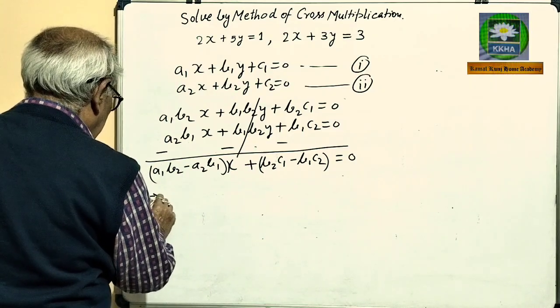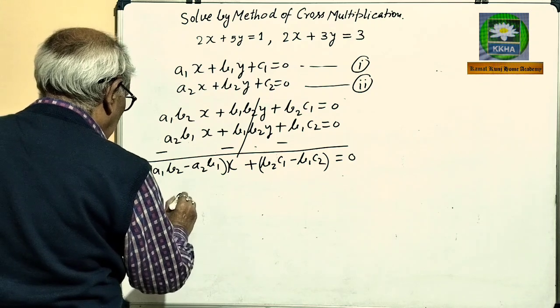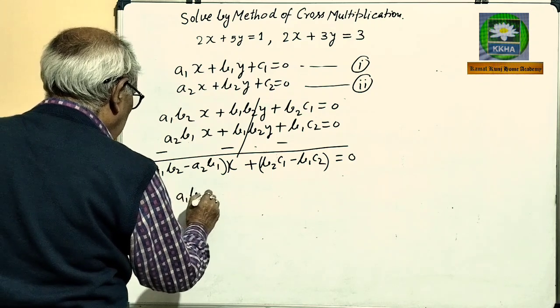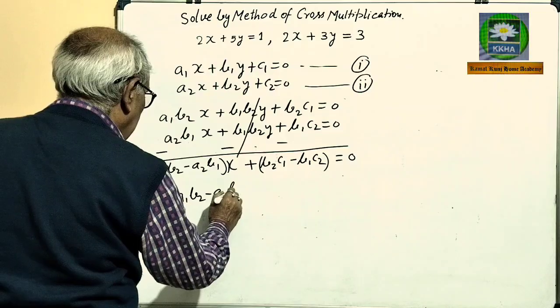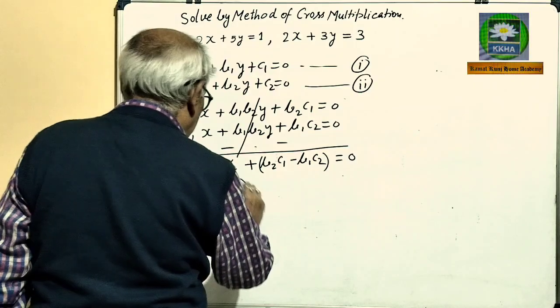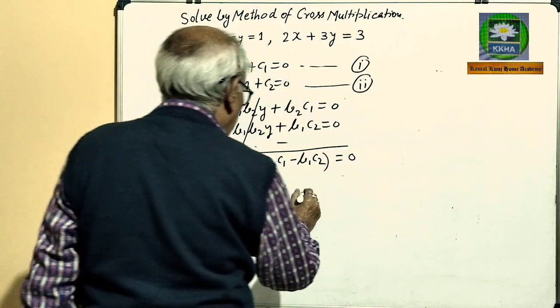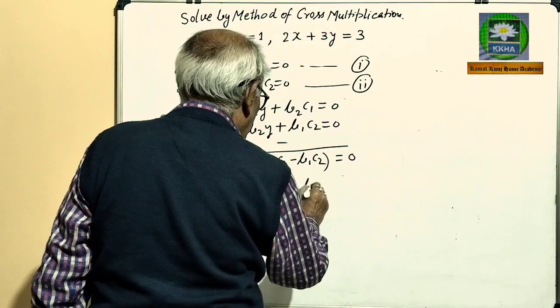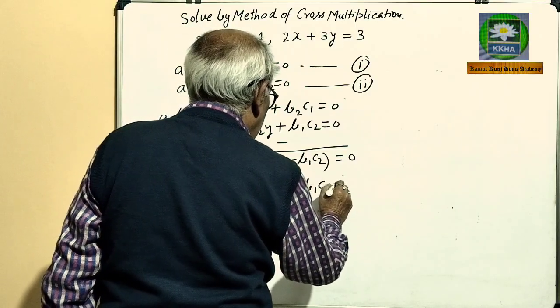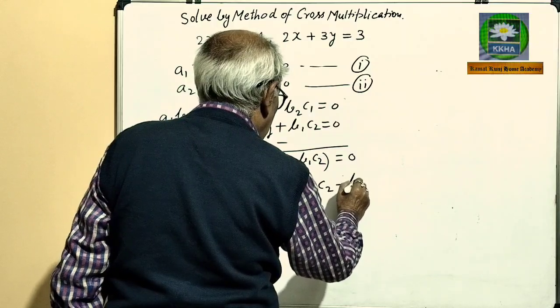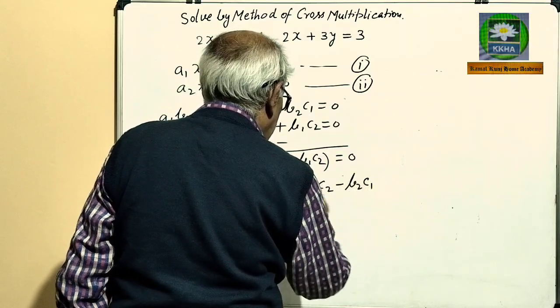This implies that a1 b2 minus a2 b1 times x equal to b1 c2 minus b2 c1.